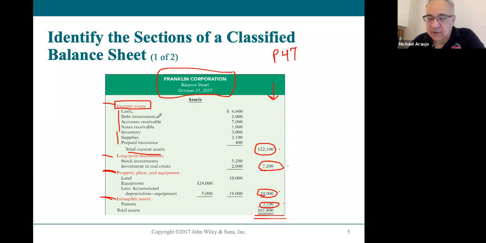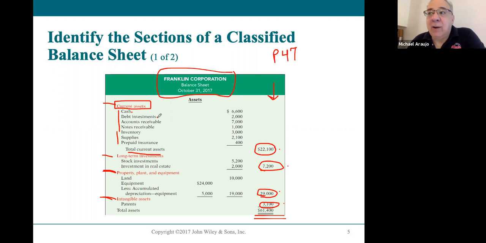Only the largest are involved in the money market. The money market is a debt investment. So if you have a money market account at a bank, or a money market mutual fund, that's a debt investment.